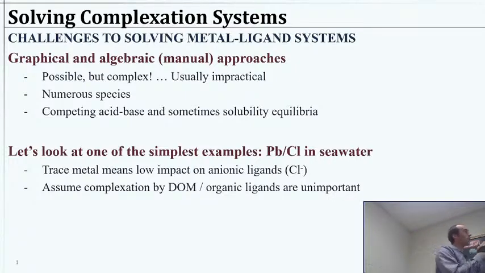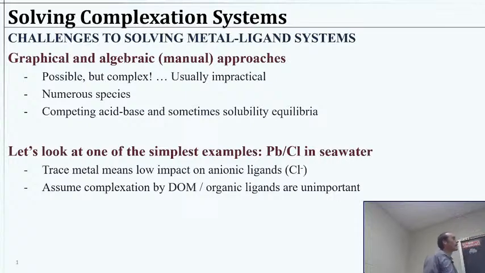So we can calculate lots of different versions or species of a given metal complex with a ligand. And that's just for one particular metal. But if we change the oxidation state, that sends a whole new sequence of complexes to consider.